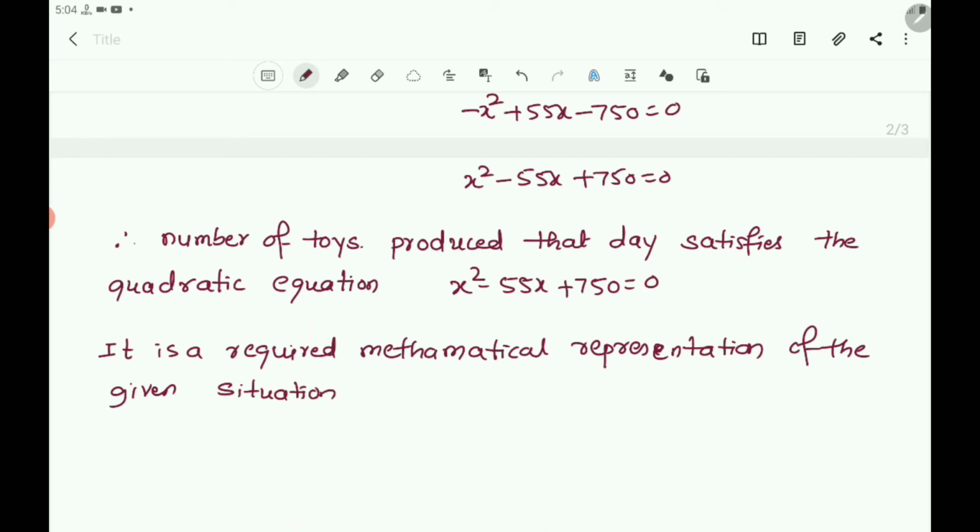The required mathematical representation of the given situation is x square minus 55x plus 750 equals 0. In this way, you can represent the given situation in the form of a quadratic equation.